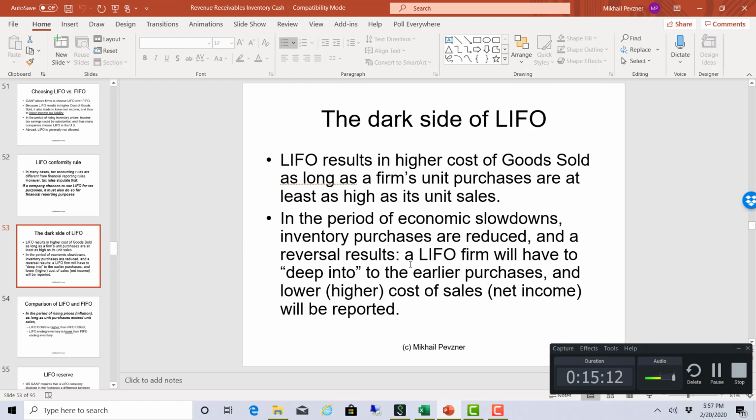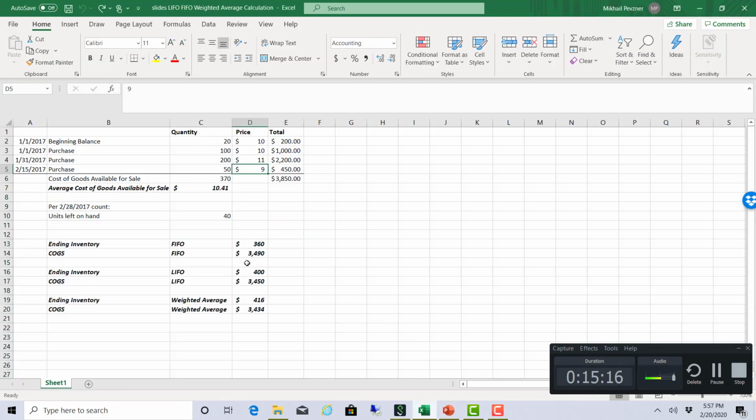But by the way, as we saw in my little Excel example, LIFO cost of goods sold is higher only so long as one of two things happens. One is that there is inflation, right? So here I have kind of deflation. My last purchase is actually lower in price. So let's make it $13. So in this case, if my last purchase is 13, my prices go up over time. In fact, LIFO COGS here is higher than FIFO COGS.